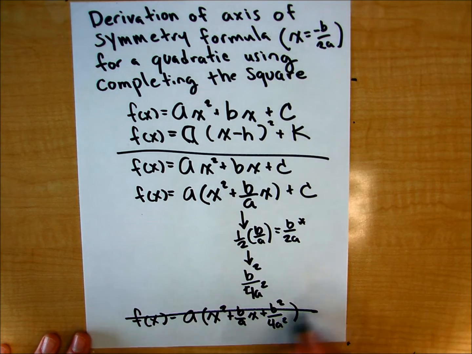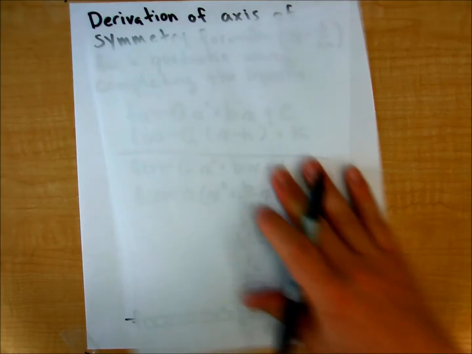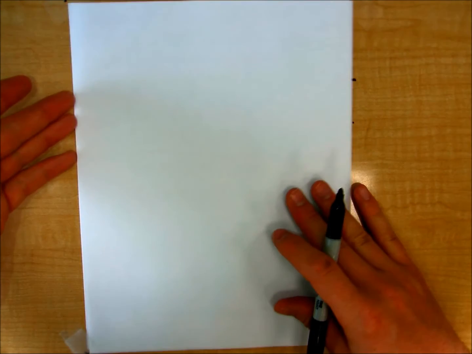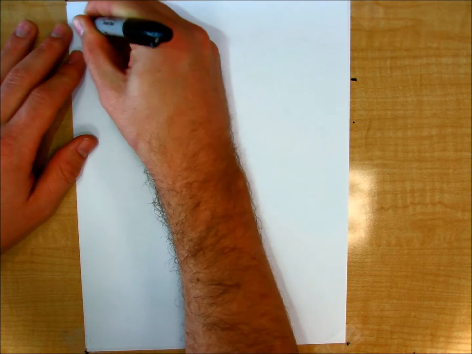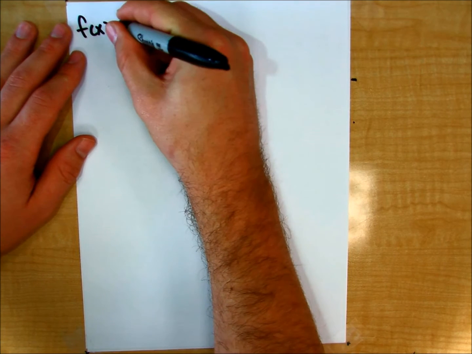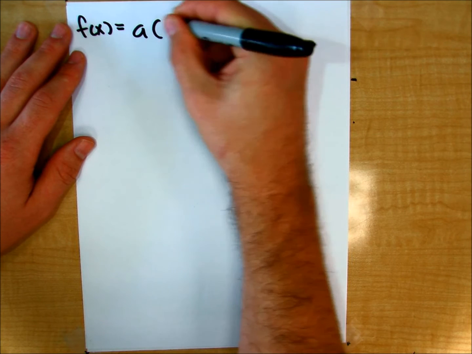I'm running out of room here. I'm just going to start a new page. All right, so we had f of x is equal to, I was making that perfect square trinomial.